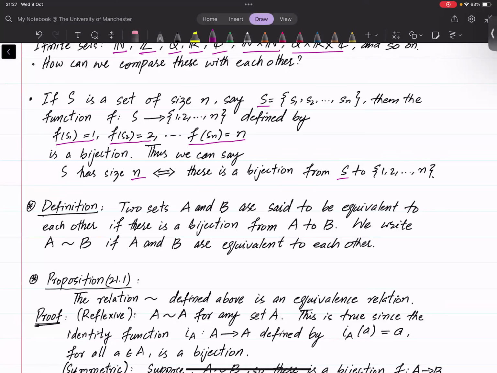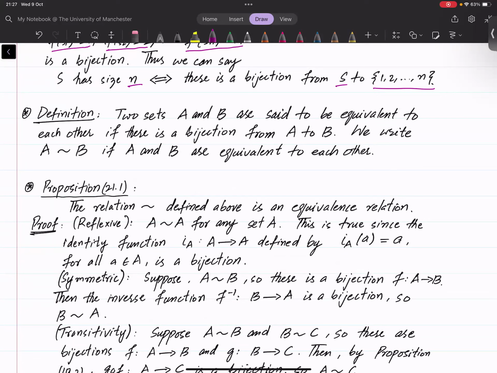By a definition, two sets A and B are said to be equivalent to each other if there is a bijection from set A to B, and if A and B are equivalent to each other, then we can write this symbol between these two sets.